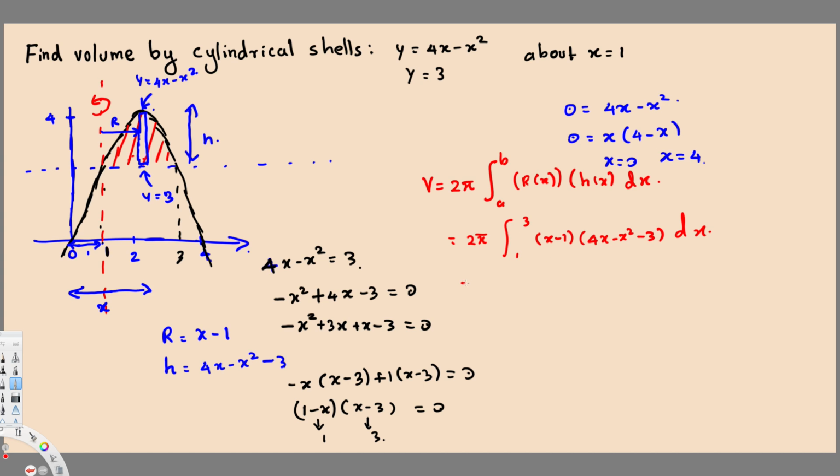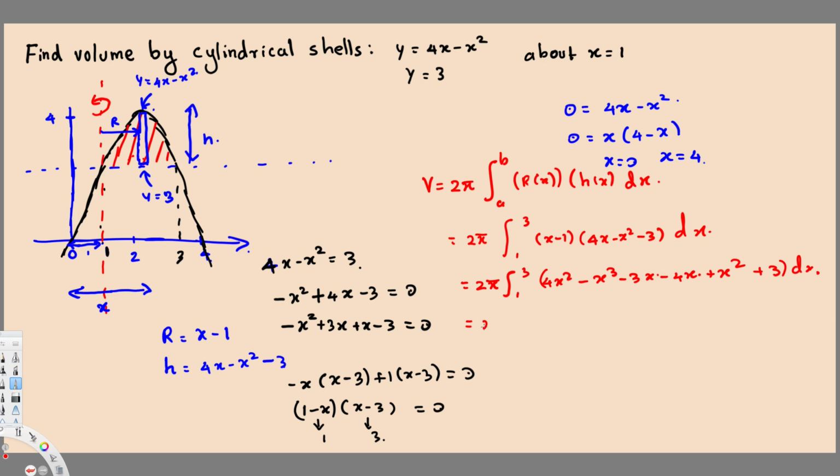Now let's multiply and see what we get. 2 pi integral 1 to 3: x times 4x is going to be 4x squared, x times minus x squared is going to be minus x cubed, x times minus 3 is going to be minus 3x, and then minus 1 times 4x is going to be minus 4x, and then minus 1 times minus x squared is going to be plus x squared, and then minus 1 times minus 3 is going to be plus 3, all of them together dx, right?